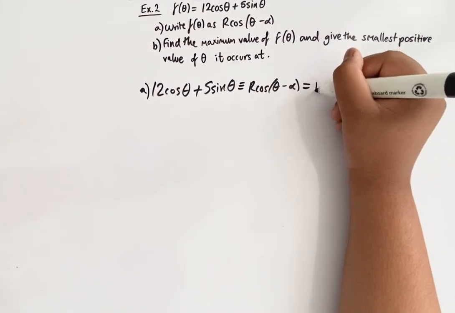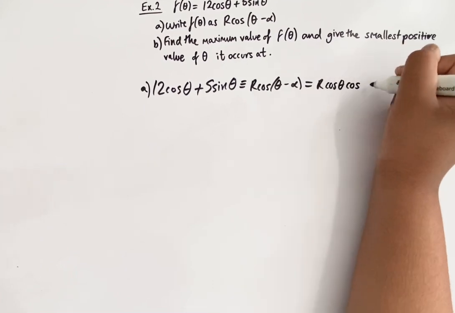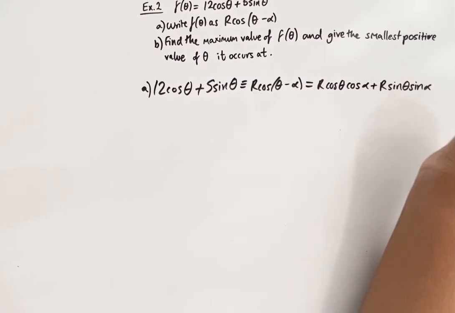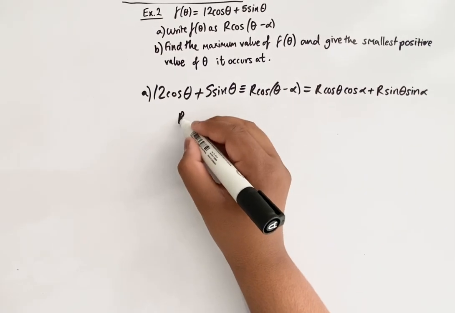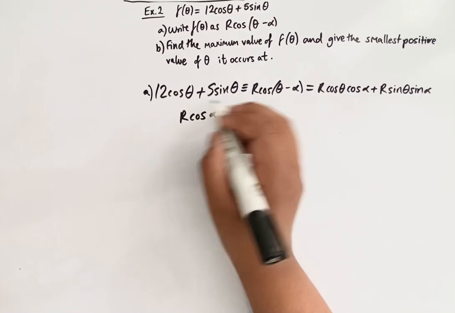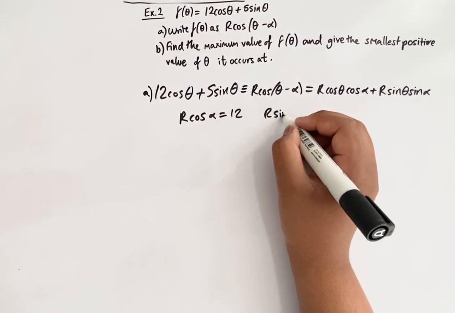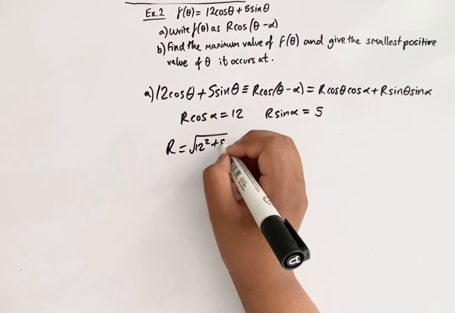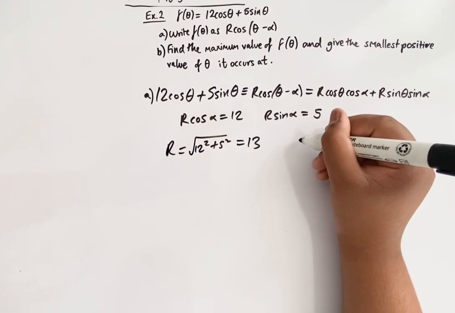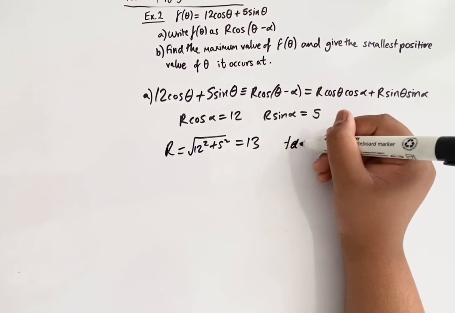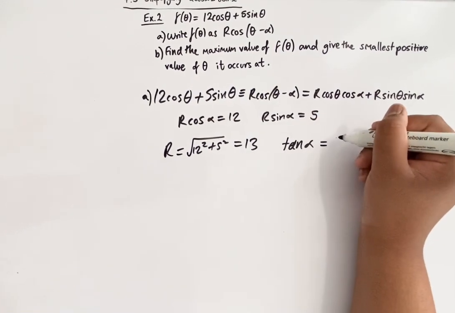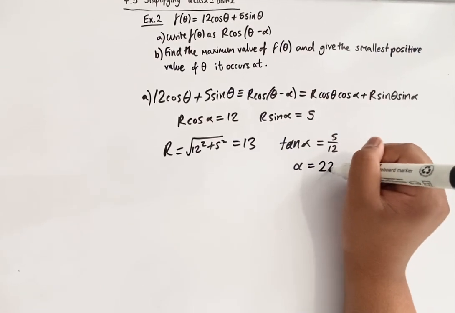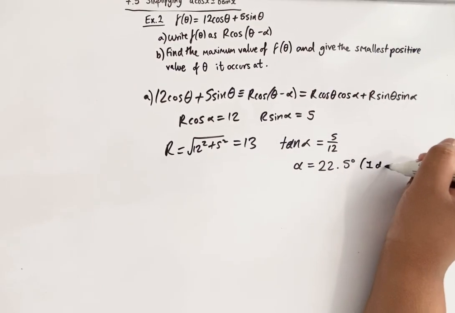And we expand this, we get r cos theta cos alpha plus r sin theta sin alpha. And so by equating coefficients, we get r cos alpha is equal to 12 and r sin alpha is equal to 5. We get r is the square root of 12 squared plus 5 squared, which is 13, and tan alpha is equal to 5 over 12, so alpha is equal to 22.5 degrees to 1 dp.